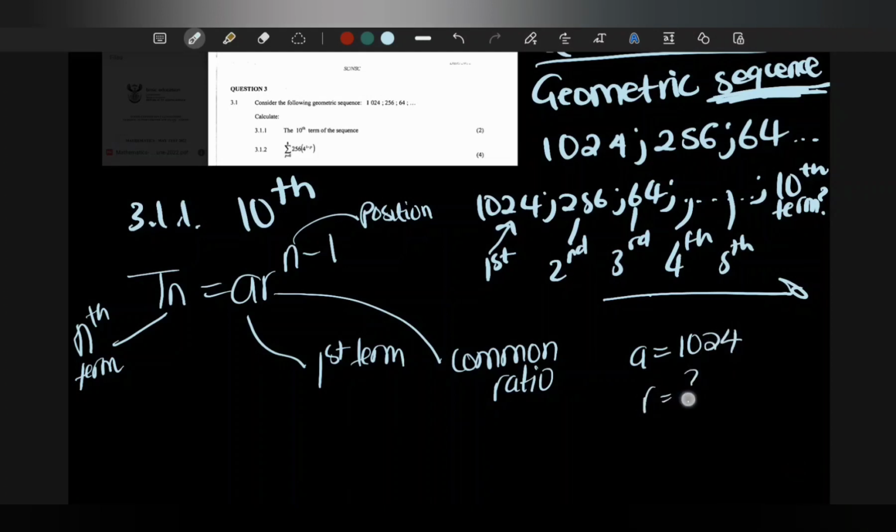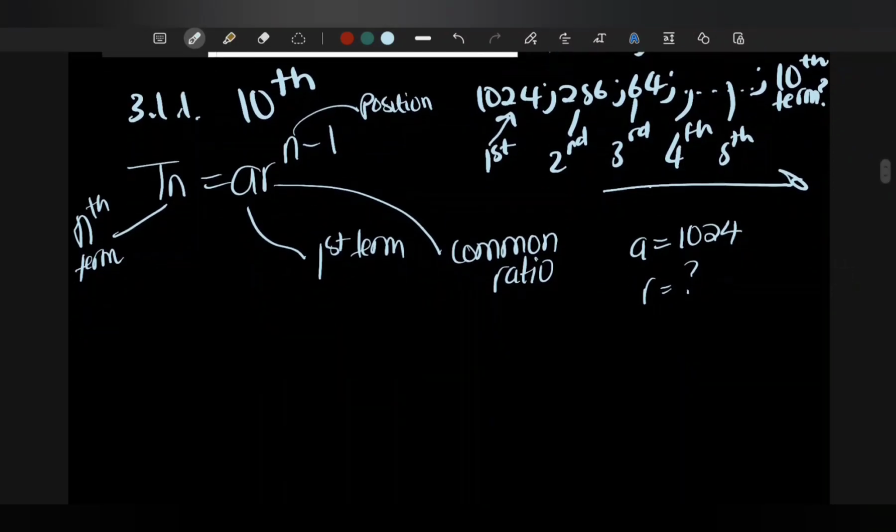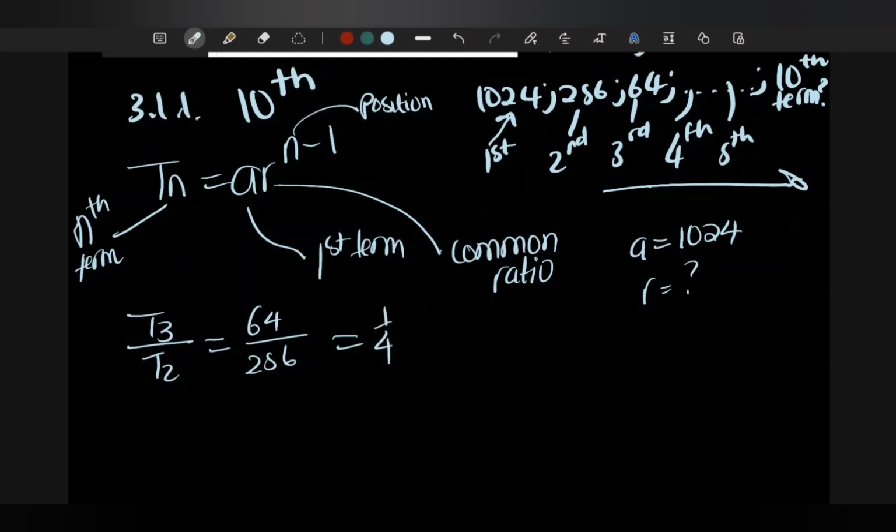R, we can find by saying the third term divided by the second term, T3 divided by T2, which is 64 divided by 256. You take out your calculator, or if you are very good at head maths, you just do it. Let me quickly do it on my side. 64 divided by 256 is 1 over 4.